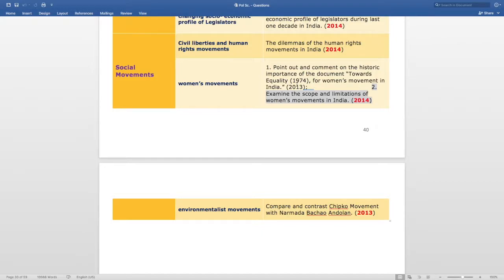The next question is: examine the scope and limitations of women's movements in India, asked in 2014. The next subtopic is environmentalist movements. The question asked from this topic is: compare and contrast Chipko movement with Narmada Bachao Andolan. That is asked in 2013.